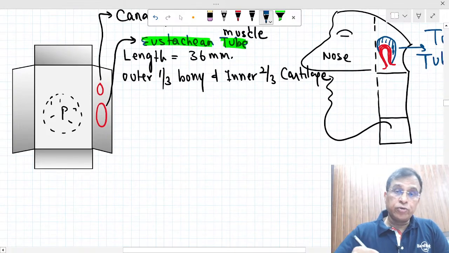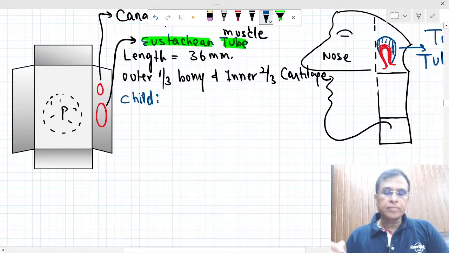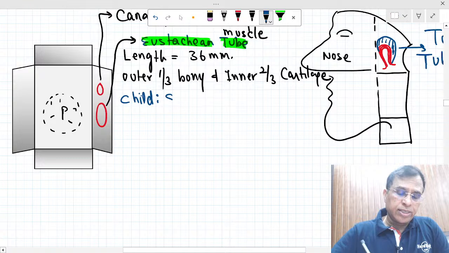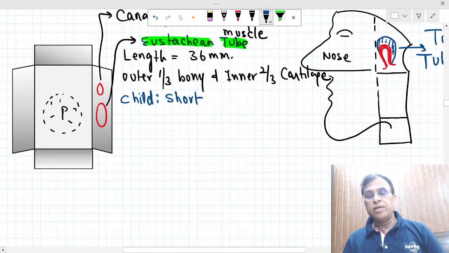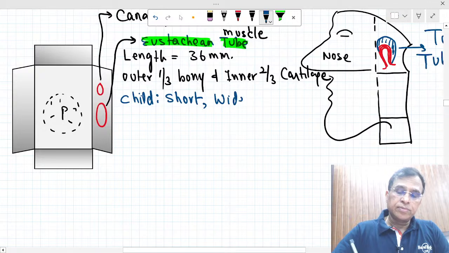Third point you have to know is how is the eustachian tube of a child different from adult? Very important point. The eustachian tube of the child as compared to adult is shorter. Obviously, children will have everything shorter compared to adult, but it is wider and it is straighter.